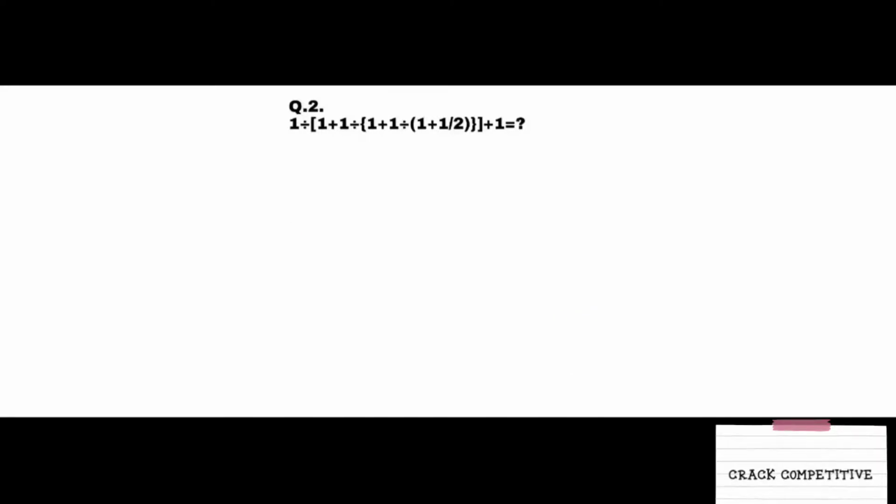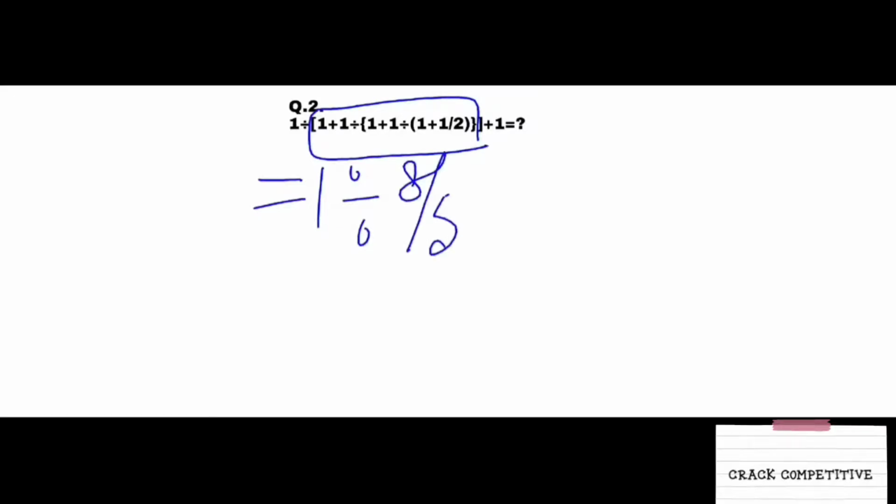So it was 8 by 5, right? So I will write it is solved, this part has been solved. It is 8 by 5, so it is 5 by 5.